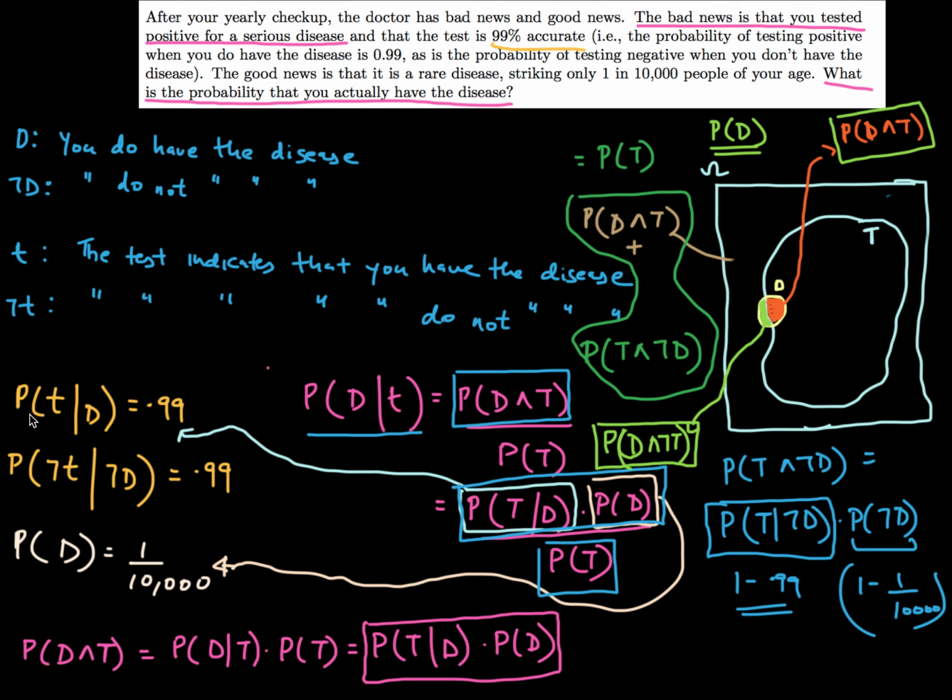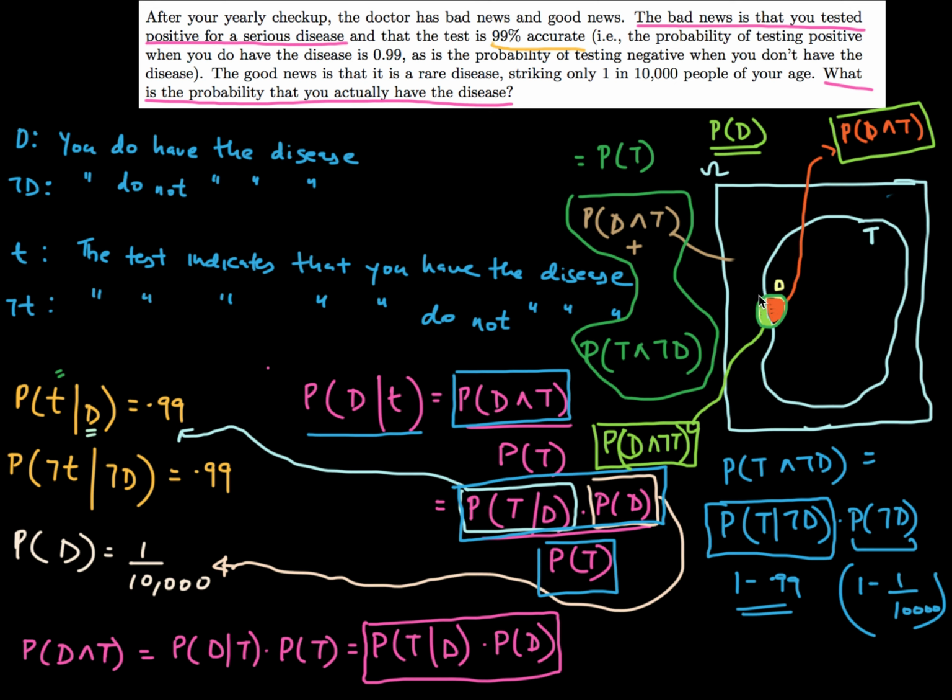Now the question is telling you the probability of test given that somebody has the disease is actually 0.99. What this indicates is that if D has happened, meaning your sample space is just this piece here, the probability of T happening, meaning probability of a test being positive, is 0.99.